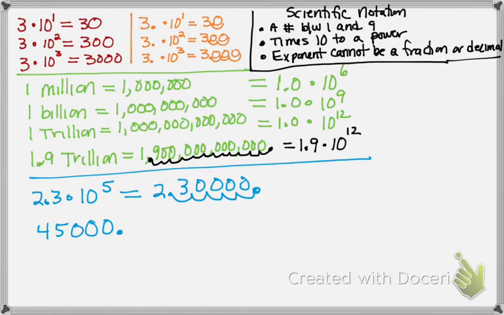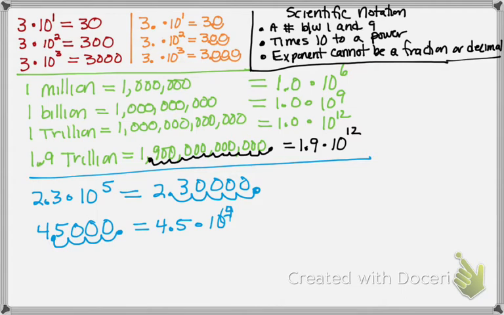So I have to move it in between the first two numbers. So 1, 2, 3, 4. So notice I moved it 4 times, and now I have 4.5 times 10 to the 4th. Why is the exponent 4? Because I moved the decimal point 4 times. So look at your waves. That's how you know.